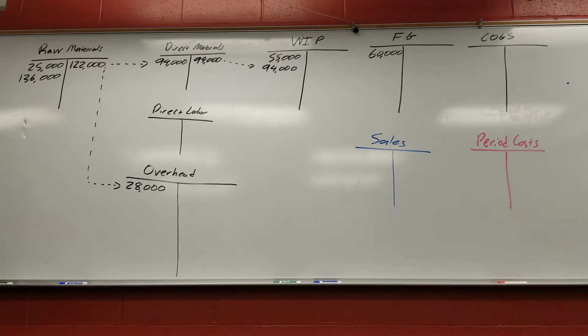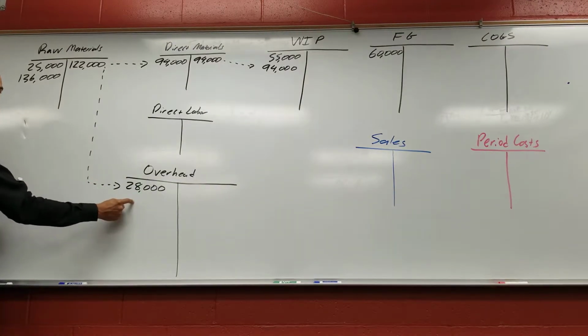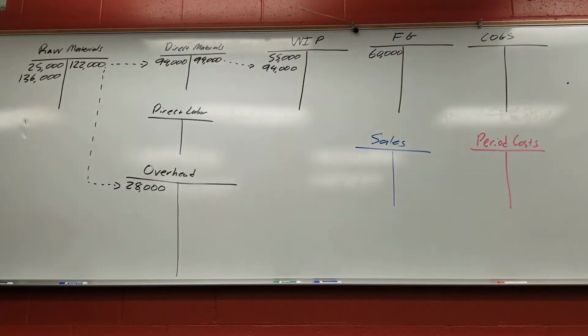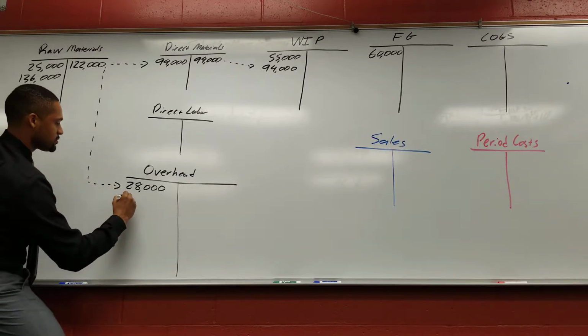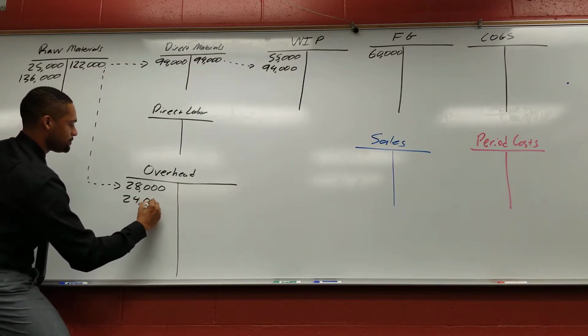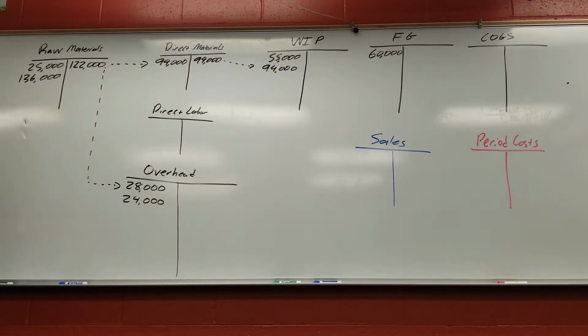For part C, it says that there is unpaid factory labor of $155,000, of which $24,000 was indirect. So once again, the indirect labor, the factory supervision, that's going right here in overhead. And the amount was $24,000. $24,000 goes right here. The total labor cost was $155,000.